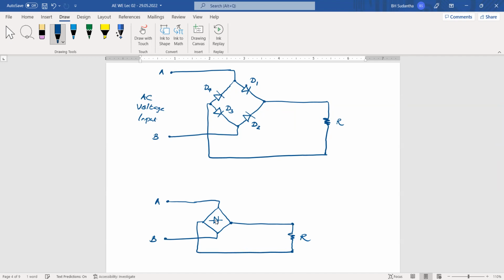This symbol shows that the bridge is there inside. Normally, the top and bottom terminals are the input terminals, and the diodes show the direction. When you have the diode in this direction, this is the positive terminal and this is the negative terminal, and these are the AC voltage input terminals. Okay.